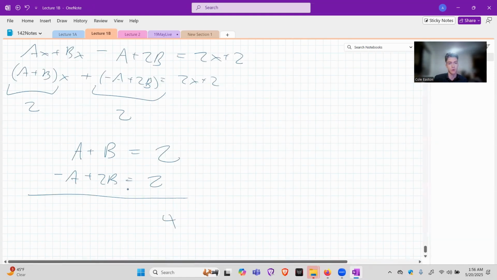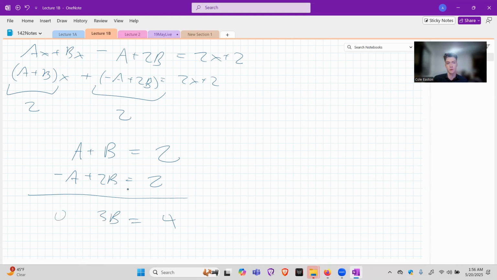So over here we get a 4. Over here we get a 3b. And over here we get nothing. So this actually worked out really nicely in that one of them already canceled. But suppose these a's didn't cancel. Let's say we just had negative a plus 2b. And suppose, for example, we wanted to cancel the b's out first.